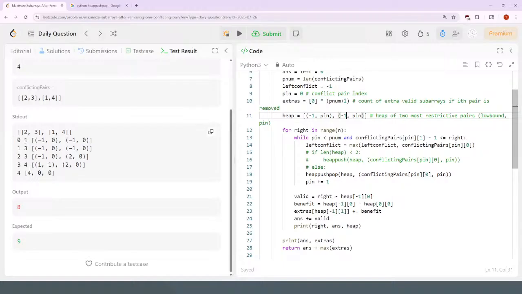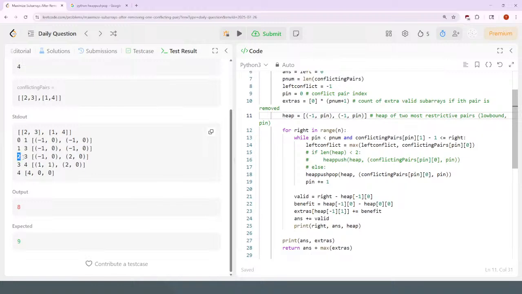So still off by 1. So when right index is 0, 1 should be the valid, right index is 2, or right value is 2, valid should go up by 2, so the total answer should be 3.